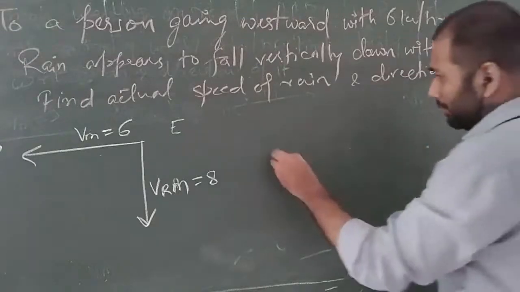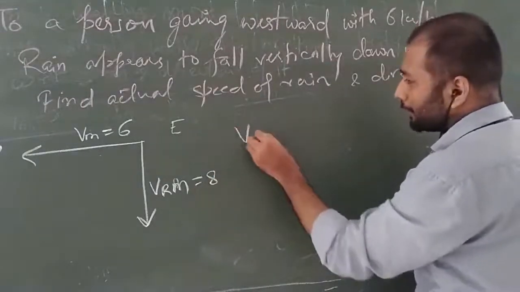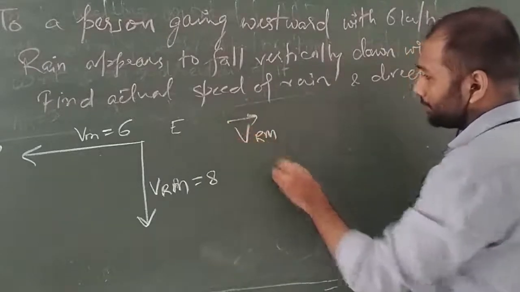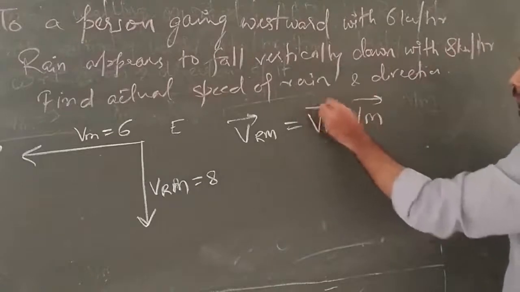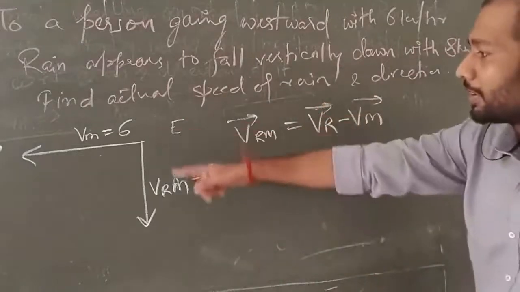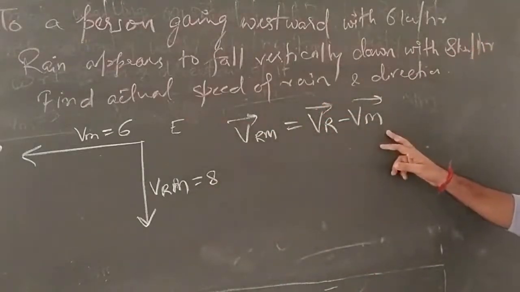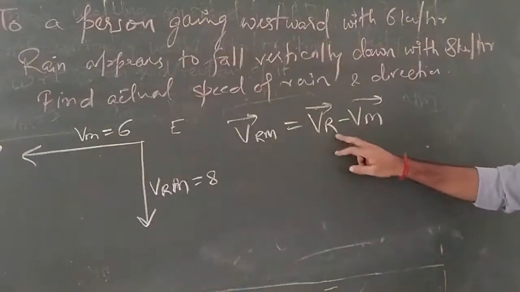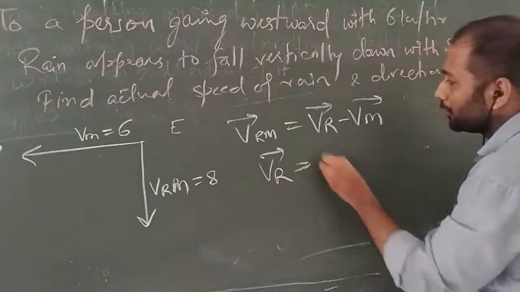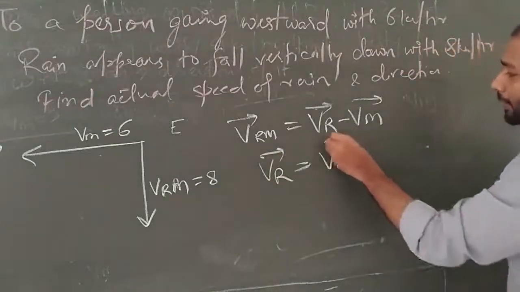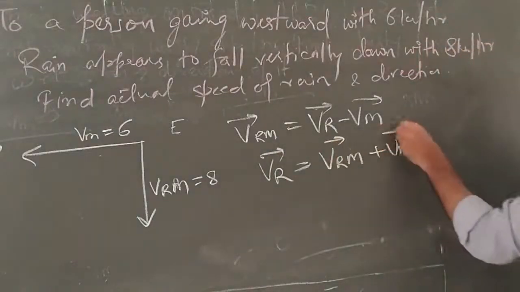Okay, so let us first write the relation VRM as a vector given by VR minus VM. Now you can see this is VR and this is minus VM. If I want to calculate VR, that is the real velocity of rain, VR is equal to VRM plus VM.